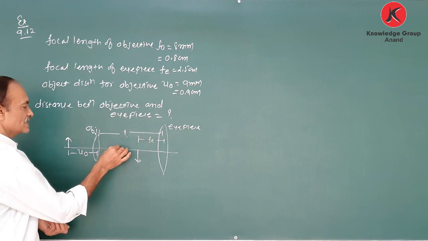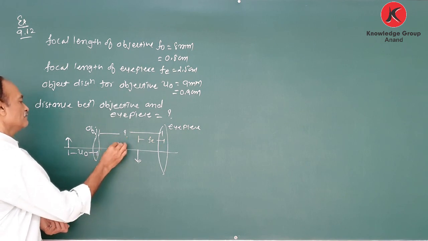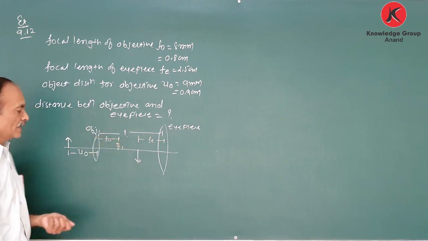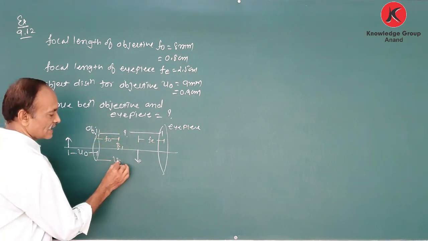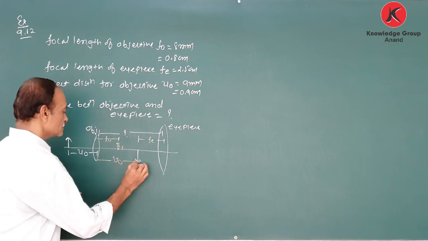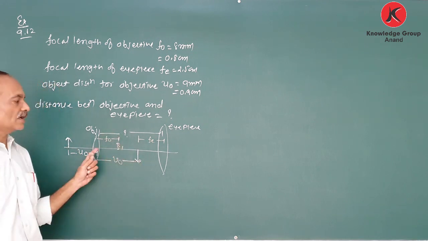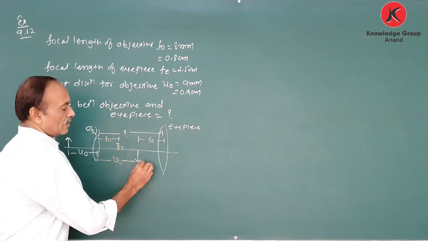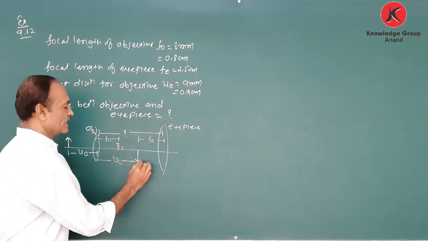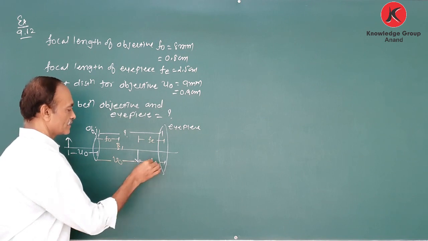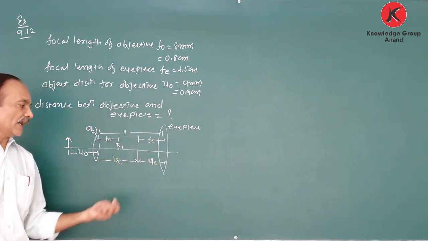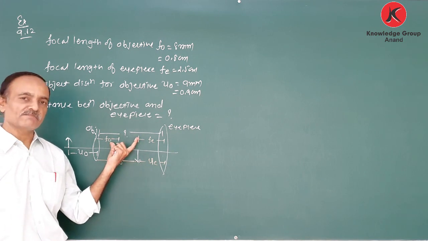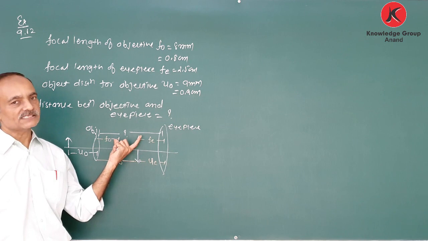This distance is V0, that is our image distance for the objective, and that is our object distance for eyepiece, that is UE. Now the addition of V0 plus UE is the separation between the two lenses.